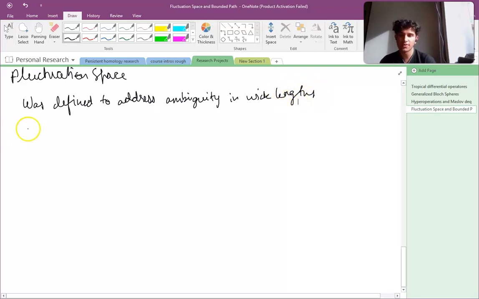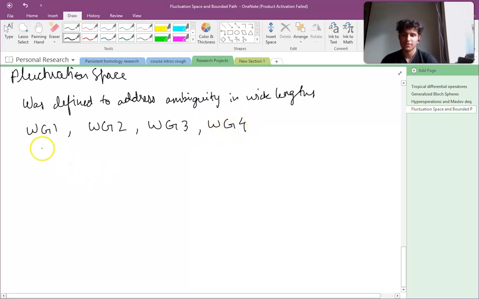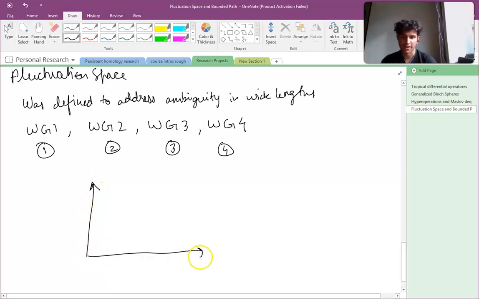So we make use of our wick group 1, wick group 2, wick group 3, and wick group 4. So here, let's just assign these as 1, 2, 3, 4. And what I basically want is some sort of space, preferably some sort of unit square.